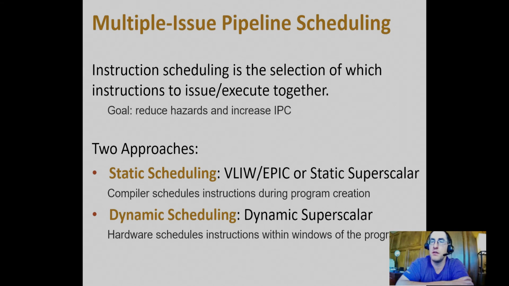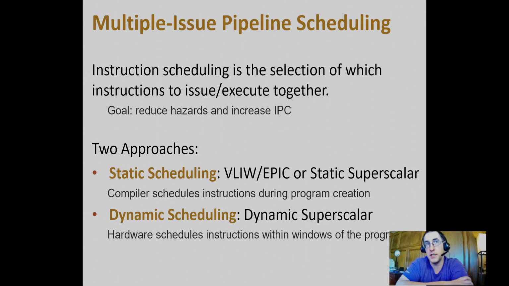So we're going to start with talking about how you schedule instructions to execute in a multiple issue machine. Well, scheduling in general is the allocation of resources to something in time. So instruction scheduling is allocation of functional unit resources to instructions in time.